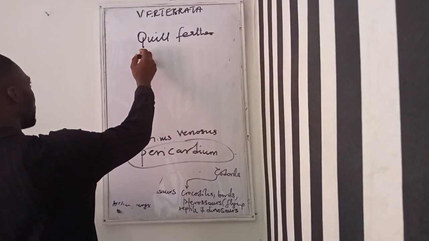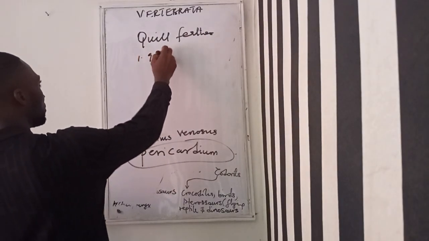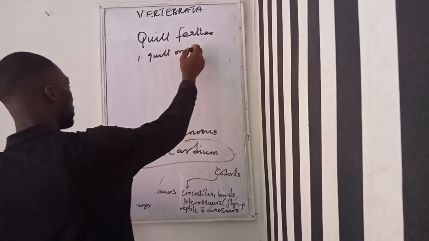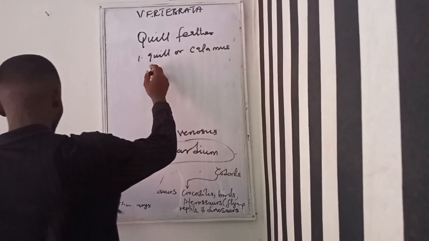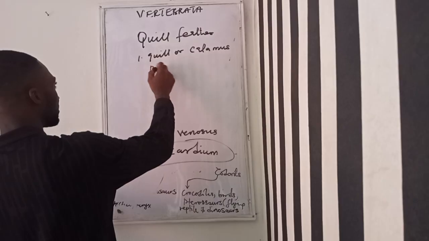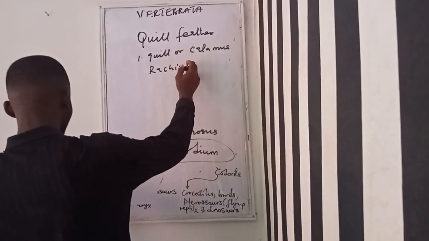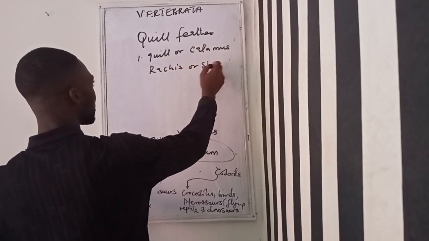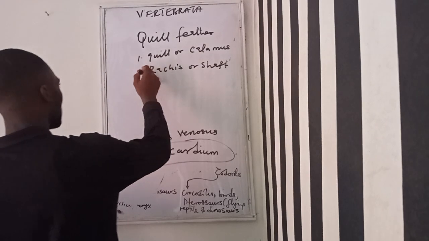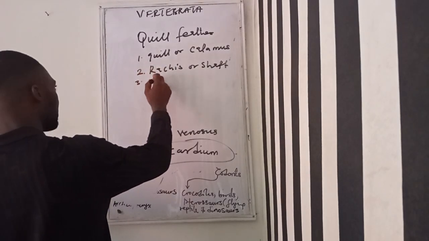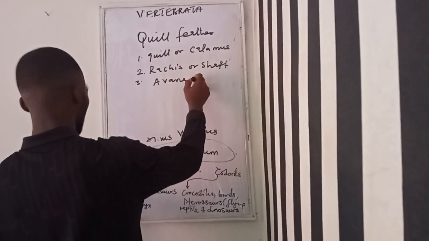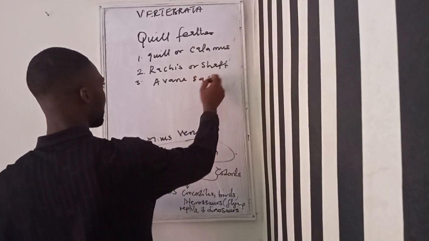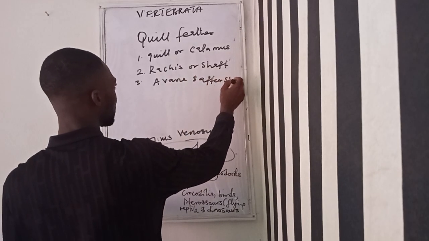These are the different parts of the quill feather. We have 1, quill or calamus. We have rachis or shaft, that's the second one. The third one, we have a vein and after shaft.